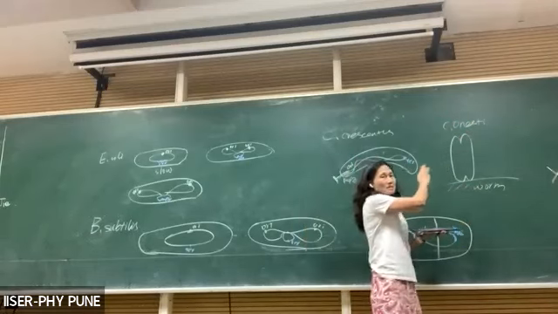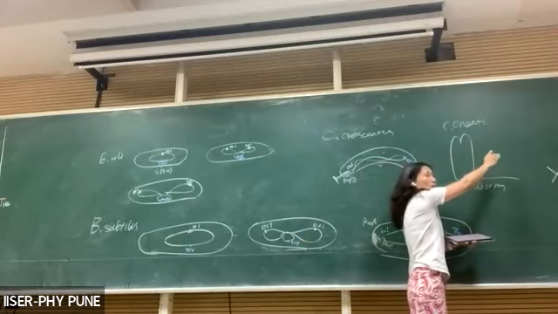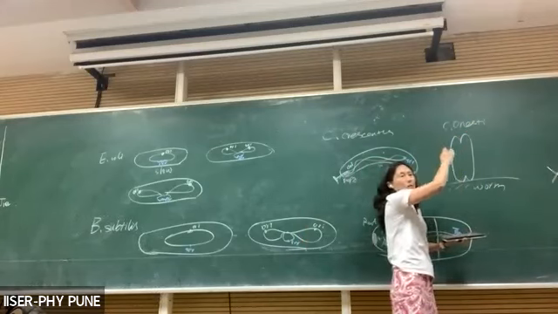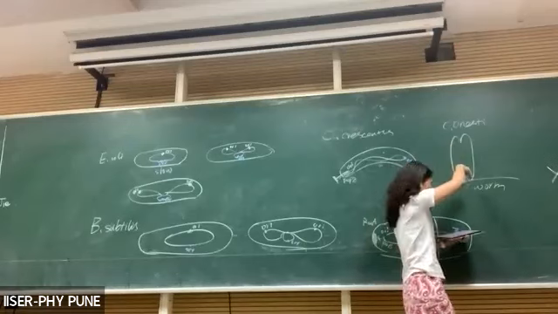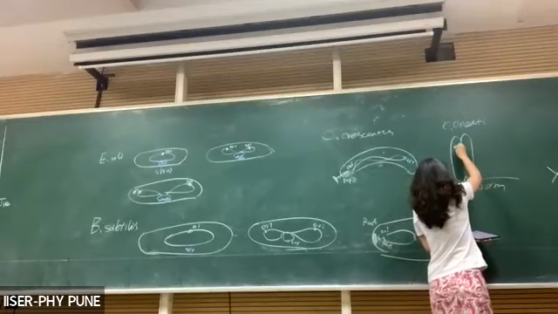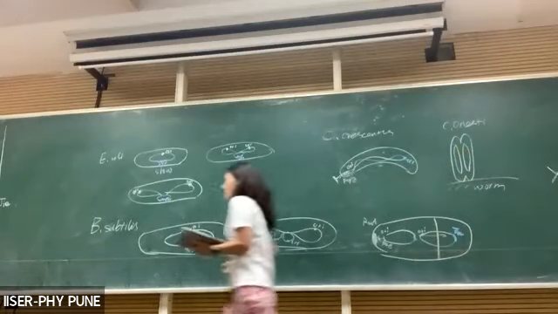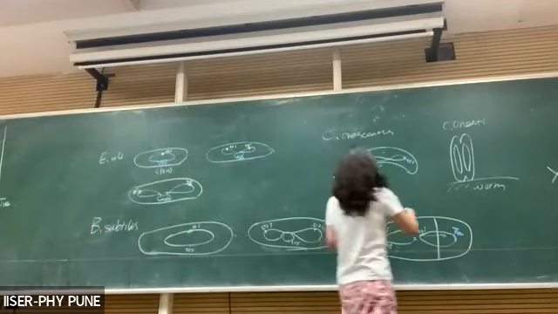This bacterium actually divides longitudinally, because if it divided along the short axis, the daughter cell would fly away into the water and never be able to attach to the surface of the worm. So this cell divides longitudinally, and the chromosome inside also takes this form with a very specific localization, which looks like this.